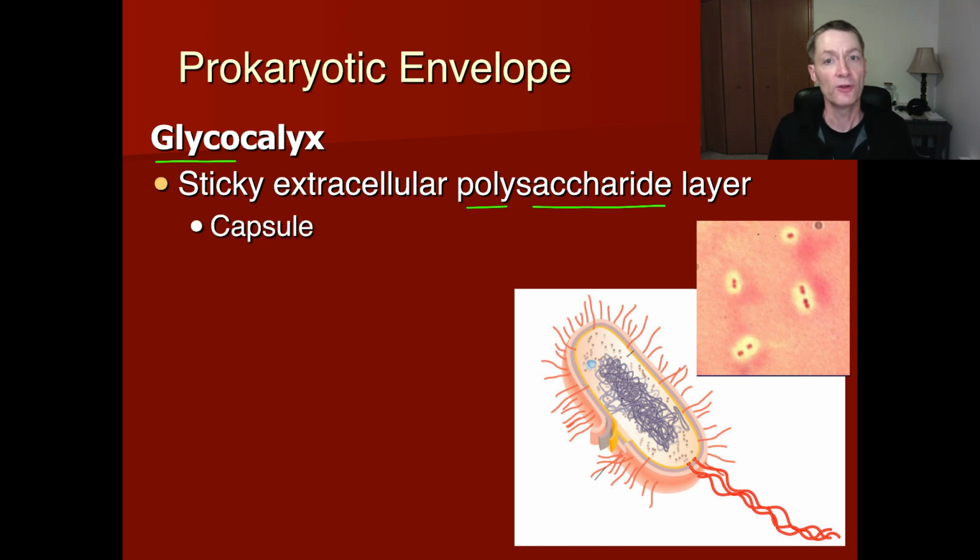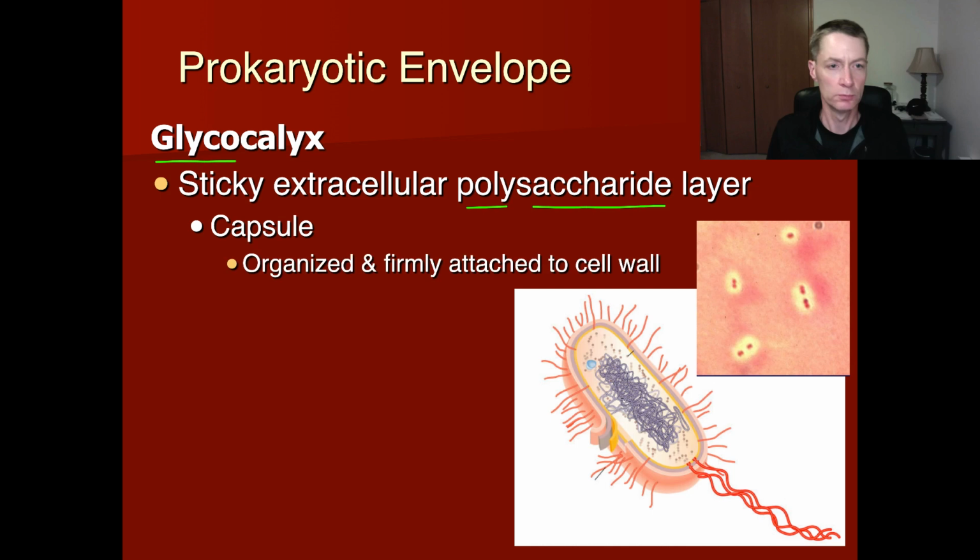Now sometimes cells will have what we call a capsule, which is a more organized and firmly attached layer that's sticking on that cell wall. In this image, we can see in white this kind of diffuse section that isn't taking on the red stain as well, and this would be the glycocalyx.